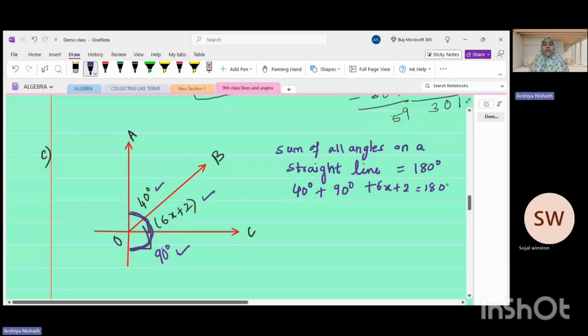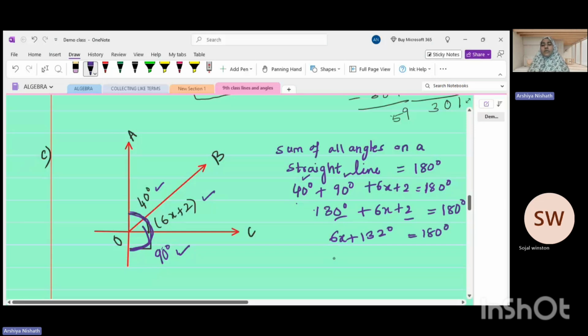Now we know how to do this problem, isn't it? We have to just gather the like terms and add them. 90 plus 40 is how much? 130. Very good. Next, 130 plus 6x plus 2. Can I add this 130 plus 2, because they are like terms? 6x plus 132 is equal to 180 degrees.